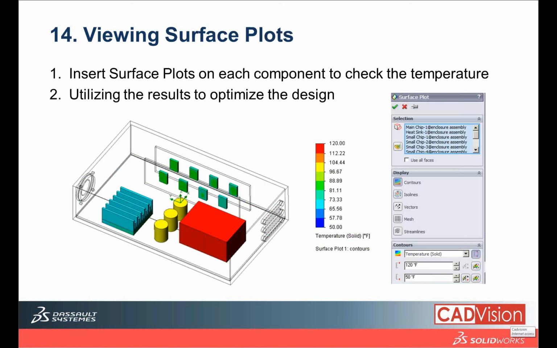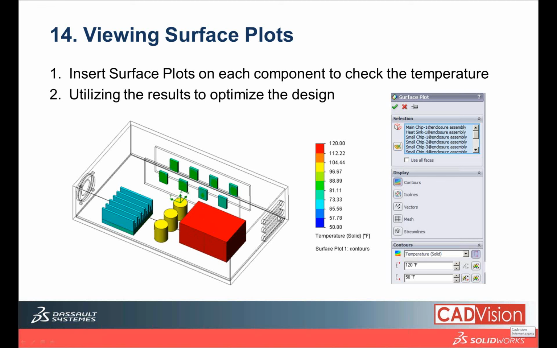And of course, beside the section view, beside the cut plots, we would like to know the surface plot too. The surface plot simply means that we can select the surface of the components and check the temperatures on each surface.